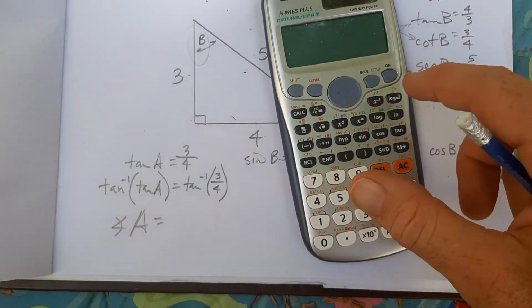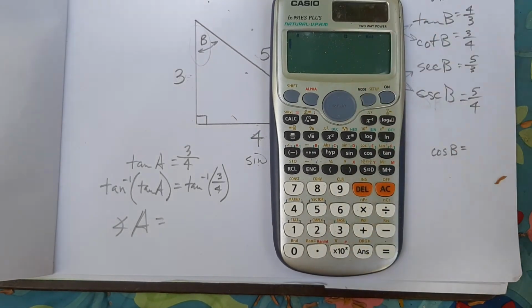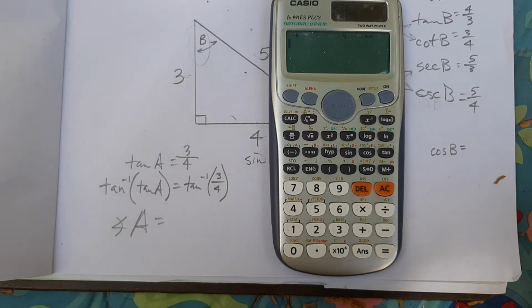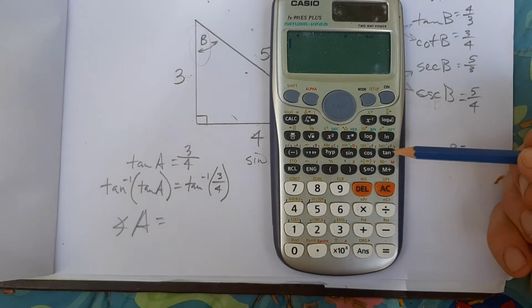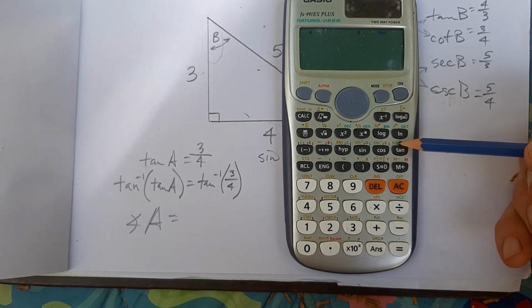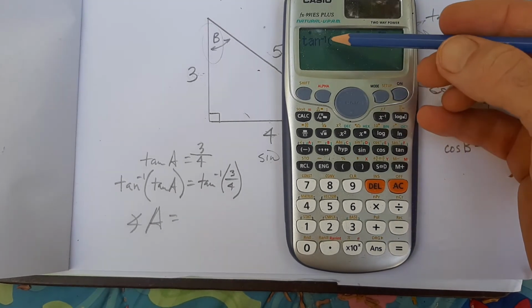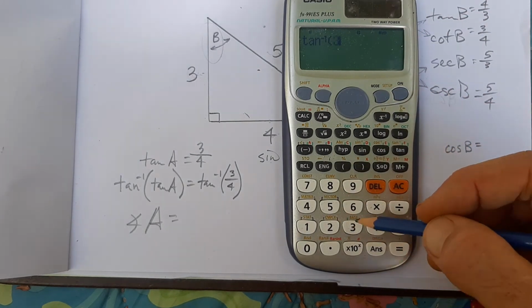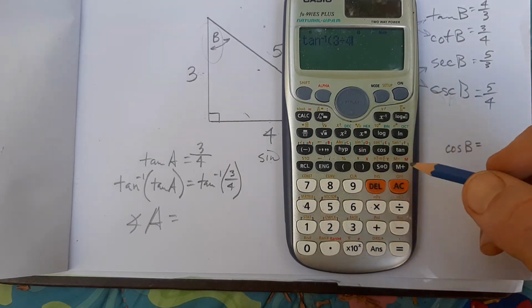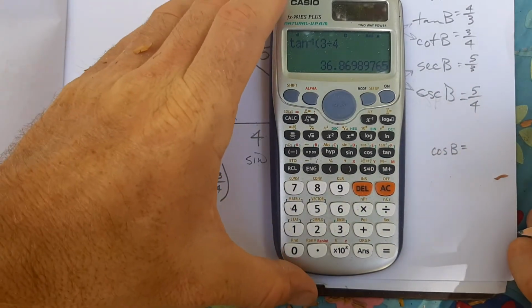I can put it in my calculator. I just have this little cheap Casio calculator. Hope you can read this just fine. All I do is find my tangent button, and above it says tangent inverse. So shift tangent gives me tangent inverse, and then I just put that in there. 3 divided by 4 equals 36.86.